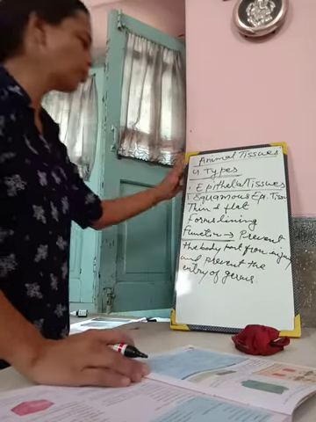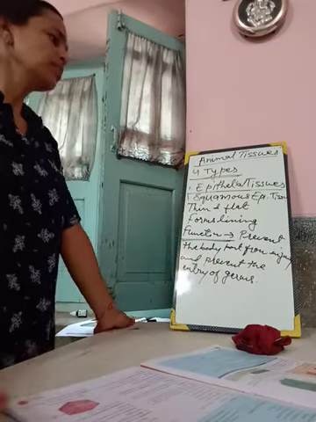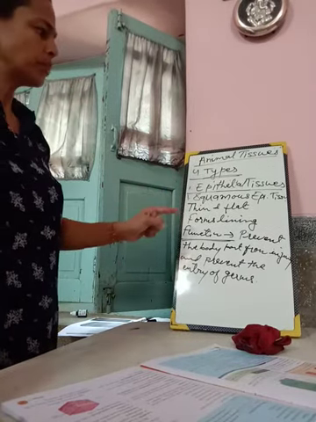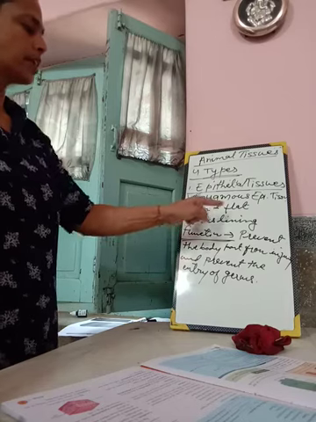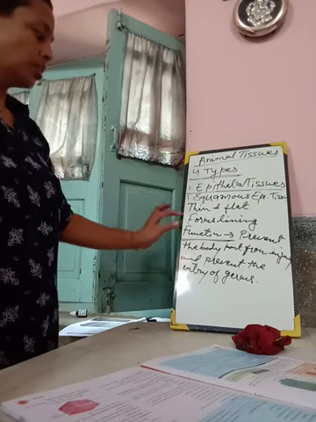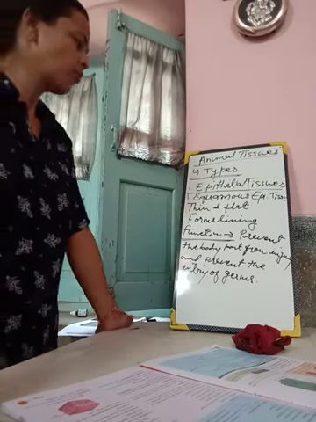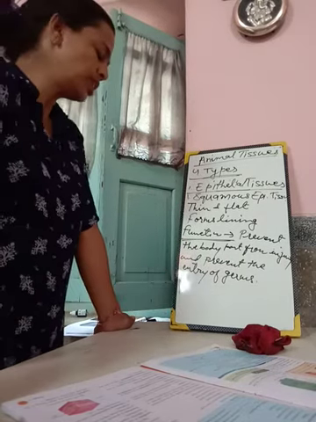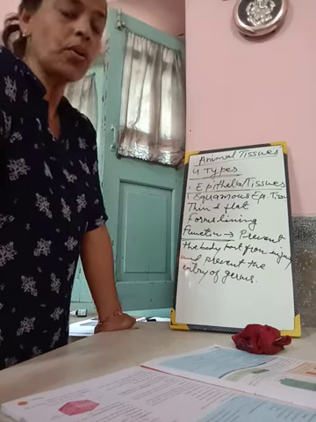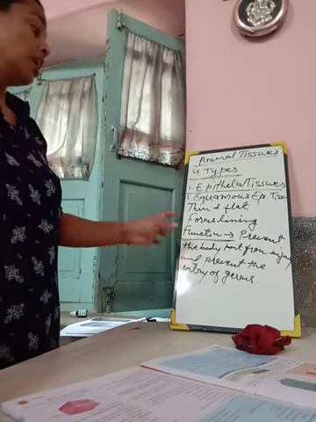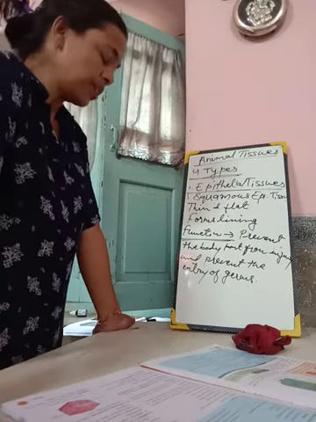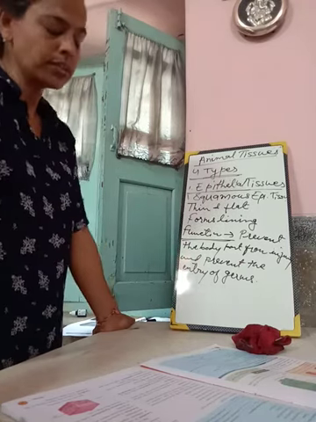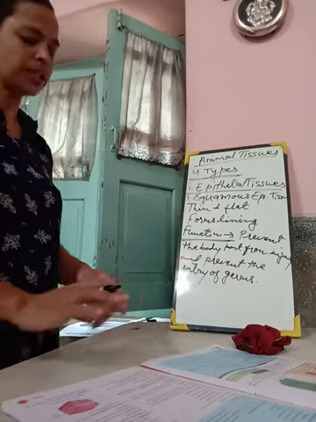The cells of squamous epithelium tissue are thin and flat. It prevents the body parts from injury and prevents the entry of germs, and it is found in the inner lining of different organs. This is all about squamous epithelium tissue.